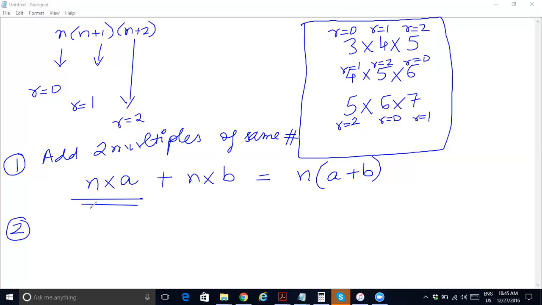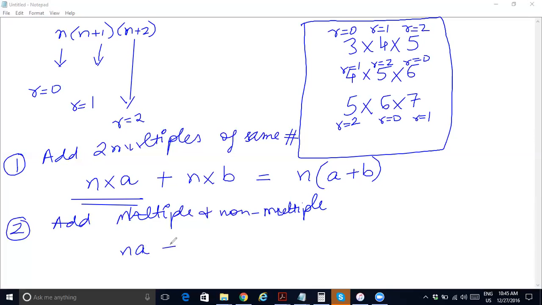Rule number 2 is add a multiple and a non-multiple. Now, to a multiple of n, if we add a non-multiple of n, for example n times a plus n times b plus 1, this number is not a multiple of n.